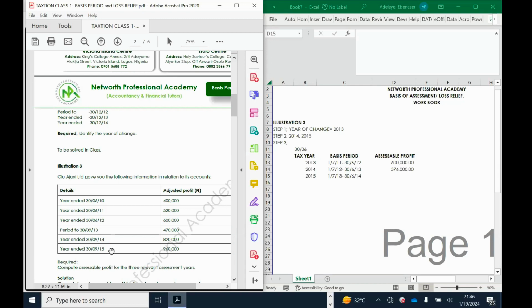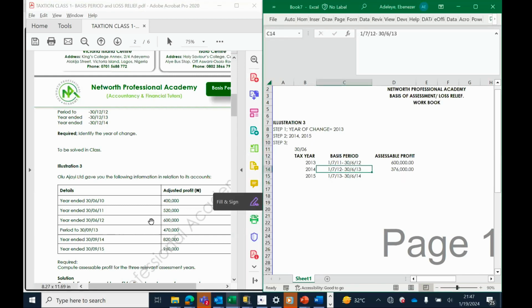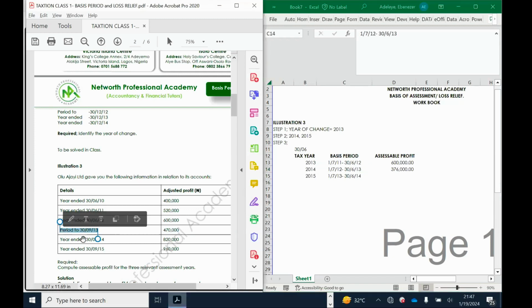Am I communicating, please? So we must be able to prorate this and add together. The previous year ended 30/6/2013, right?